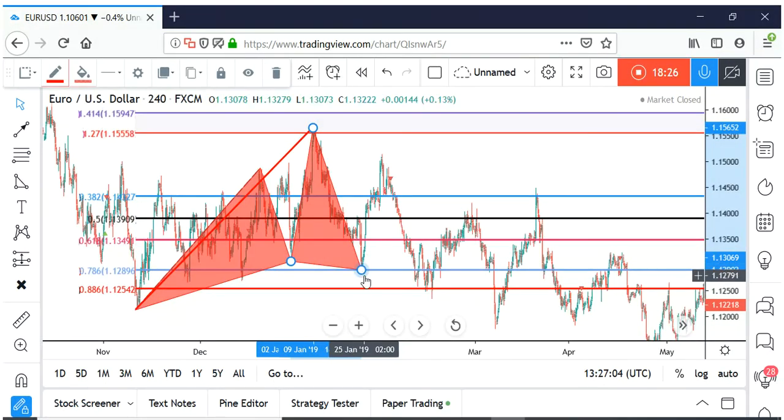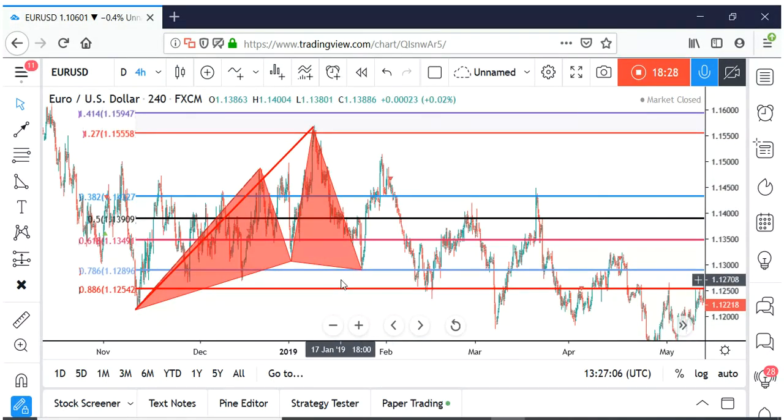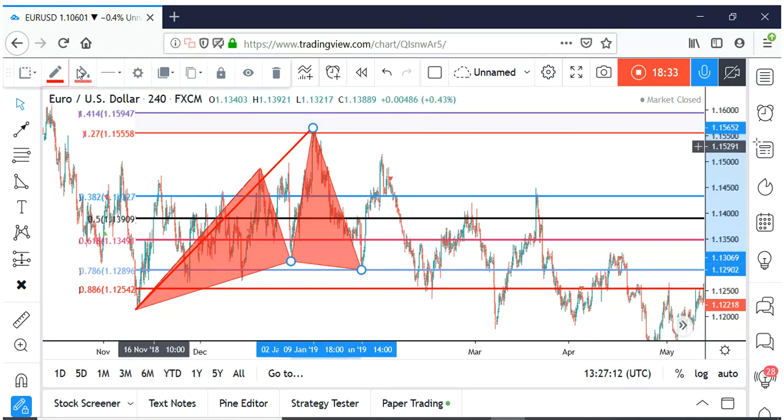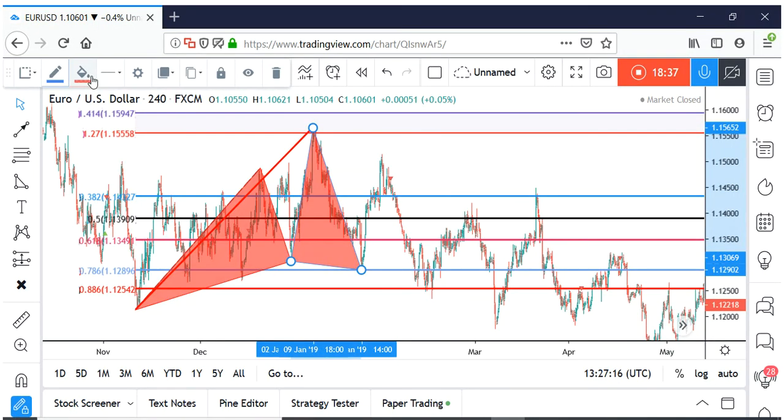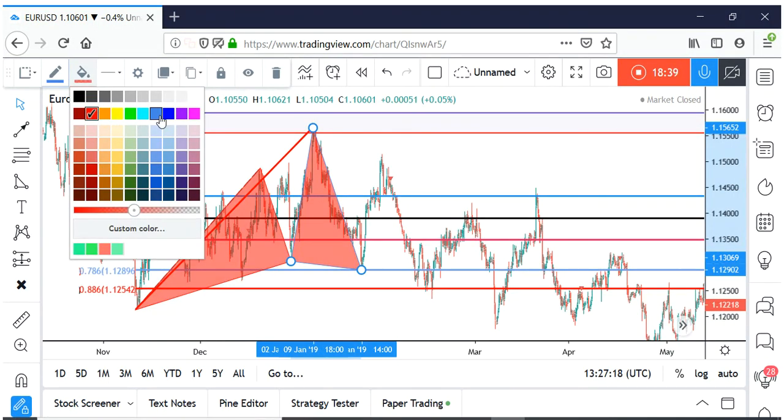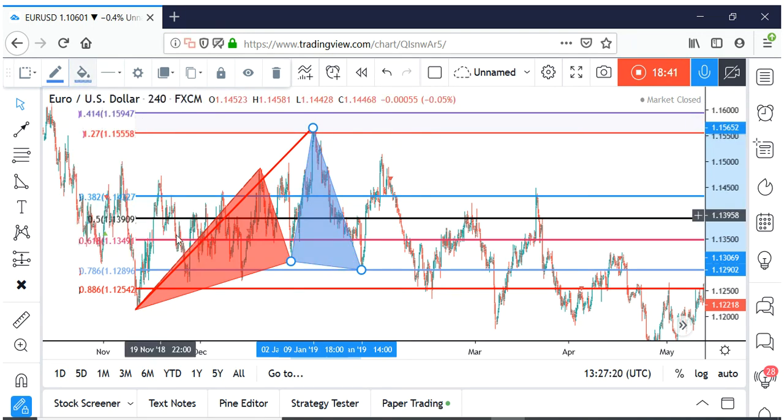The D leg is where we now place our buy trade. And as you can see, this worked fantastically.